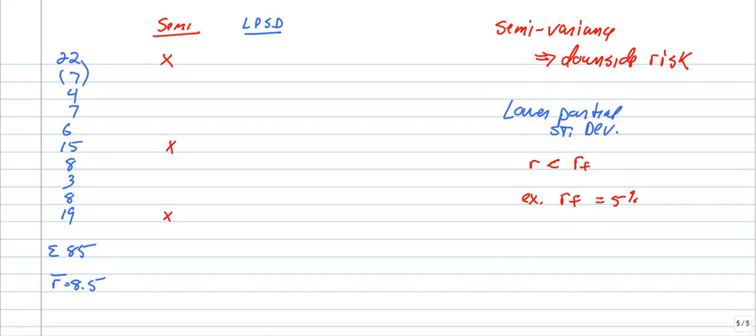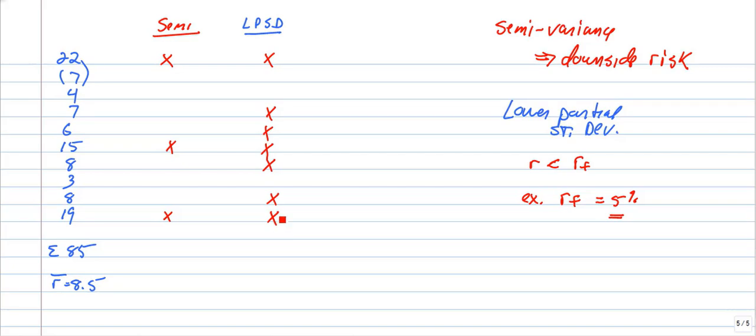We're only going to use the returns that are less than, in this case, 5%. So we would ignore the 22% because that's obviously higher than 5%. But we would include the -7. We would include the 4. We would not include the 7 or the 6 or the 15 or the 8. We would include the 3 because that's less than 5.